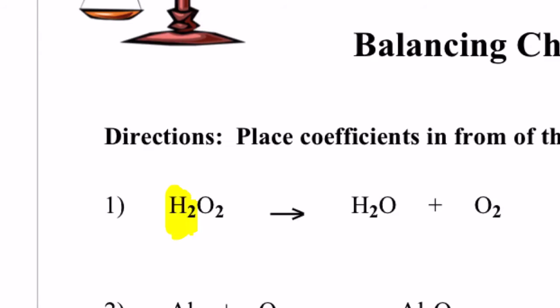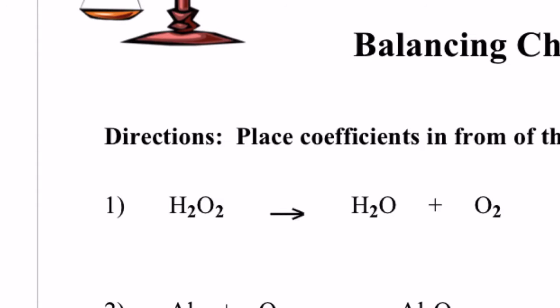So this one has 2 hydrogens and also 2 oxygens. However, water has 2 hydrogens and 1 oxygen. When we're balancing a chemical equation, we want to put what are called coefficients in front of them. You've probably heard of them in math.